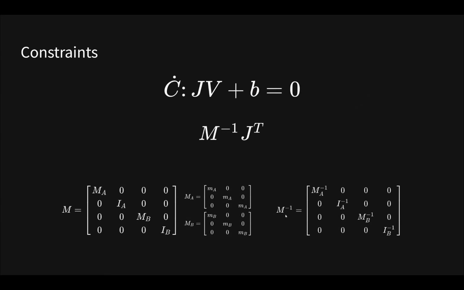And so the inverse of that matrix would be this matrix here. We just take the inverse of each of these 3 by 3 matrices.